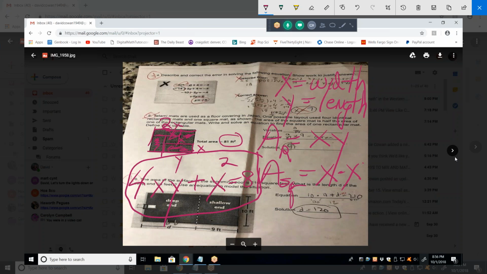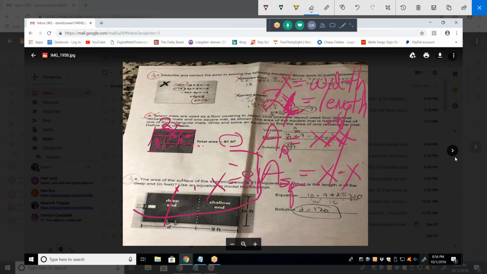Now they're saying the area of the square mat is half the area of one of the rectangles, which means we don't need to use Y as the length. We can use 2X. And that's helpful because then we only have one variable. So the area of the rectangle is X times 2X, which is 2X squared.